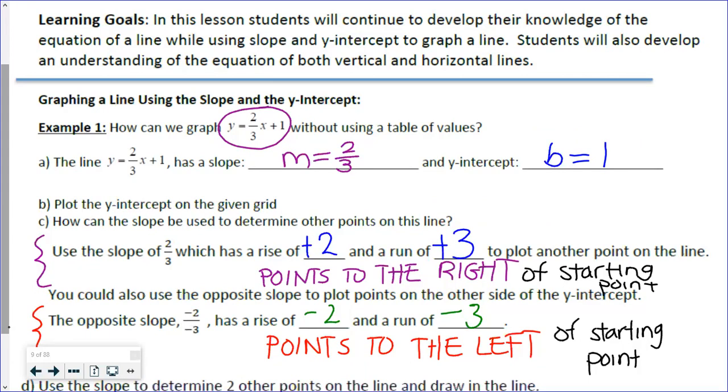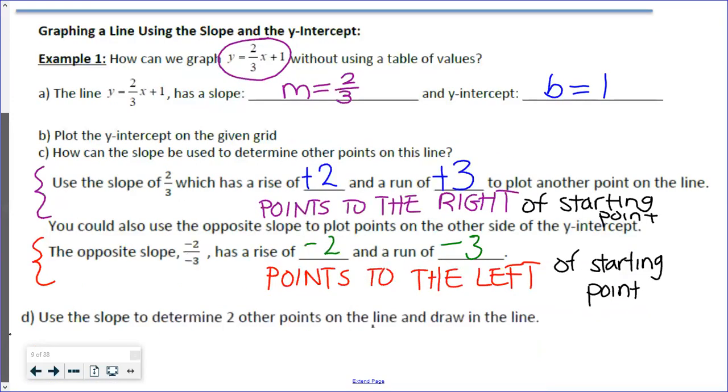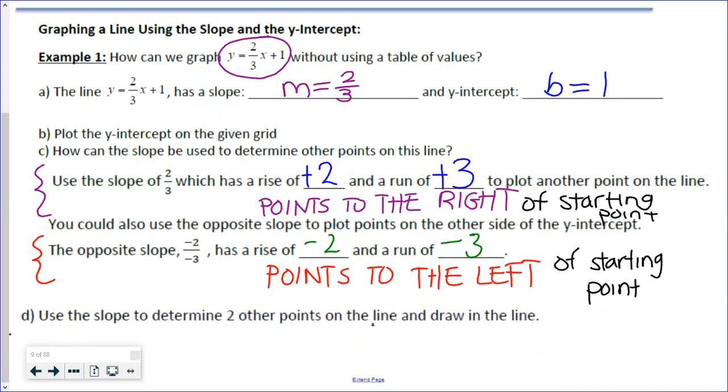What that means is if we are moving to the right of whatever our starting point is, usually we start with the y-intercept, then our rise is going to be +2 and our run is going to be +3. However, if we are moving to the left of the starting point, we have to do the opposite.